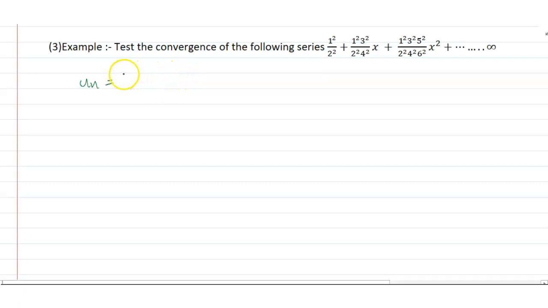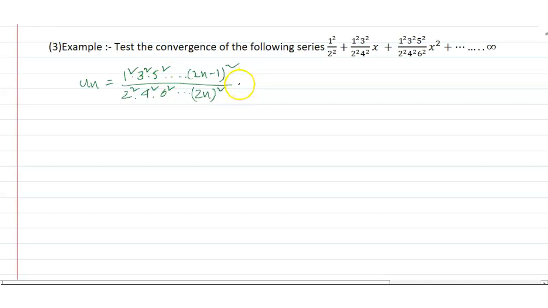By the observations, I get the value is 1 square, 3 square, 5 square, up to 2n minus 1 whole square, and after that 2 square, 4 square, 6 square, so it can be written 2 square, 4 square up to 2n whole square.